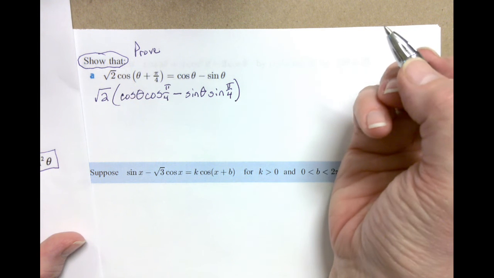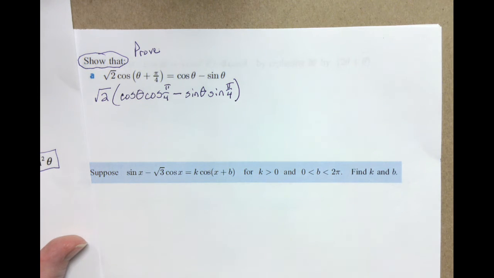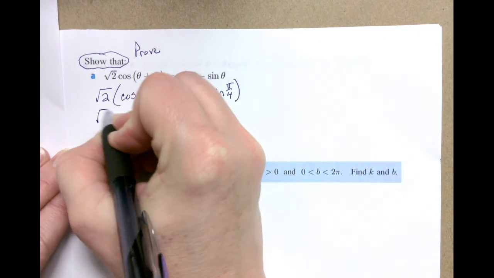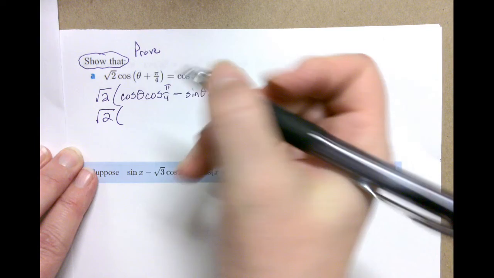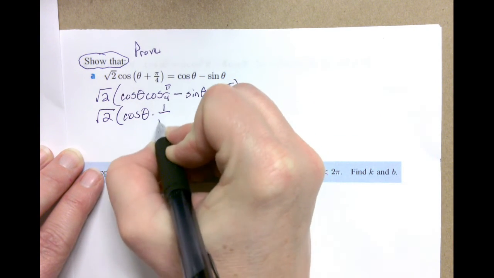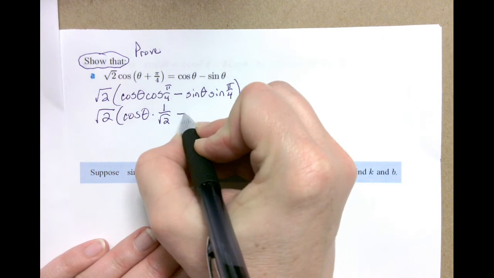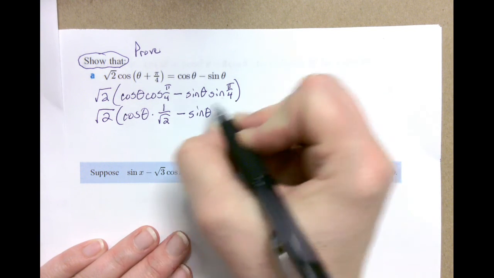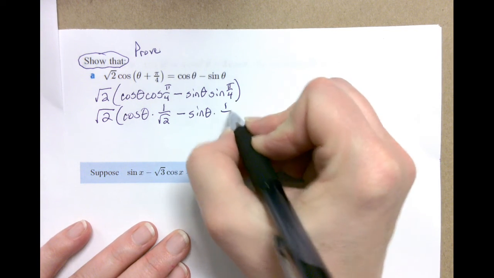Now, cosine of pi over 4, like you were about to say, is 1 over 2. Okay, root 2 over 2. In this case, you actually want to keep it 1 over root 2. I could not have put this any better than Harry just did. Cosine theta times 1 over square root of 2 minus sine of theta times 1 over square root of 2.